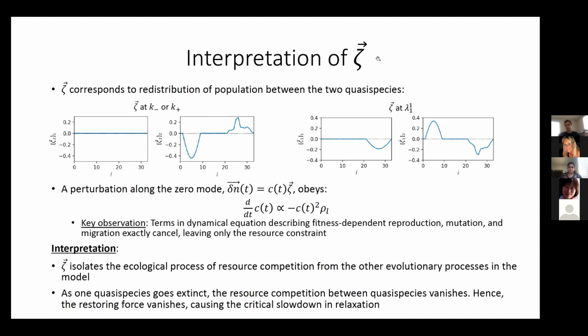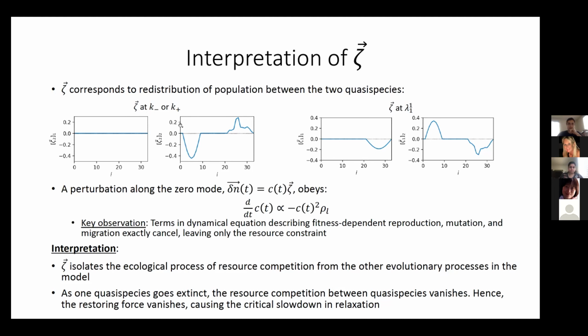So looking in particular at this distribution, the slow decaying distribution, is helpful for getting insight into the actual mechanism of what's happening. So the distribution corresponds to a redistribution of population from one quasi-species to the other. So for example, here at this distribution at K minus or K plus, this is where quasi-species 2 goes extinct.